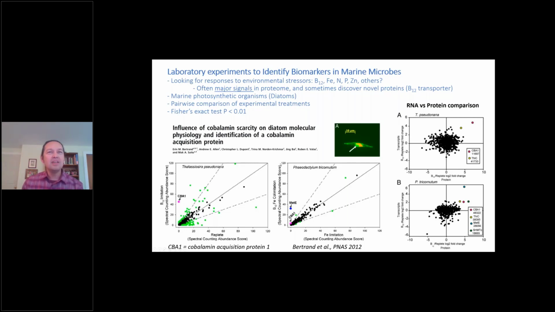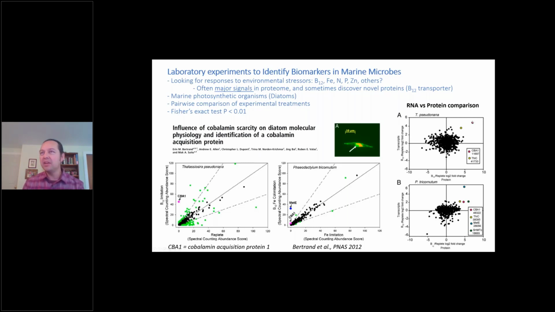One of the things I want to point out is that we're often looking for very big signals, because when you have a unicellular organism and you starve it for something, it will make a ton of a transporter or a chaperone or an enzyme to respond to that deprivation. And so that gives us really nice big proteome targets to go after. And so that's one reason I think this method seems to be working really well in environmental settings.